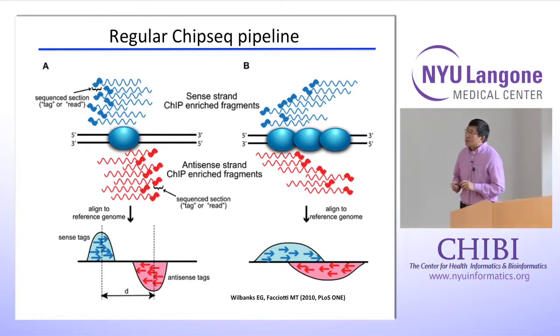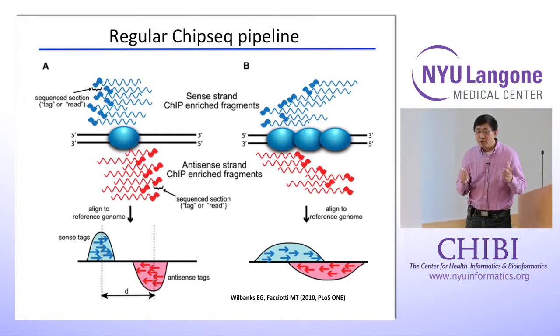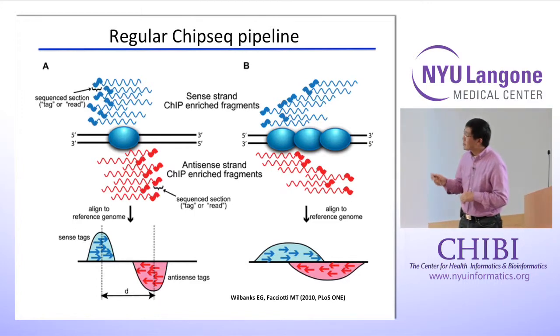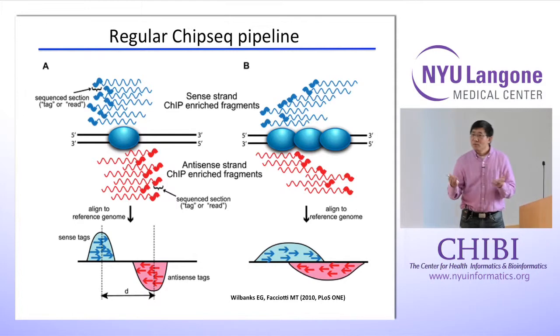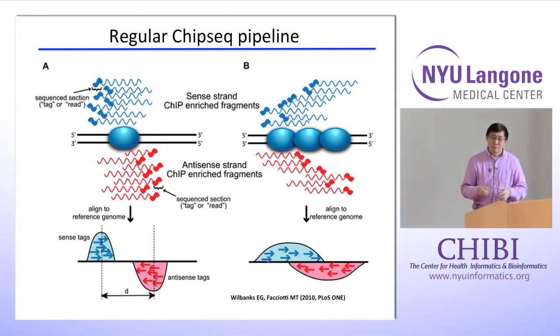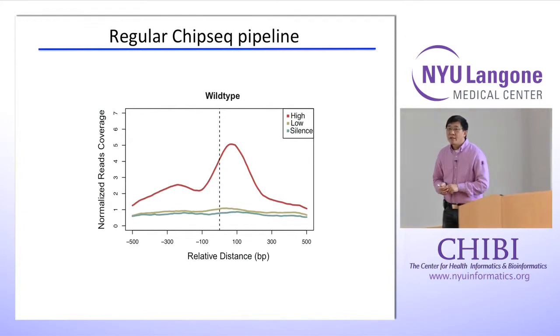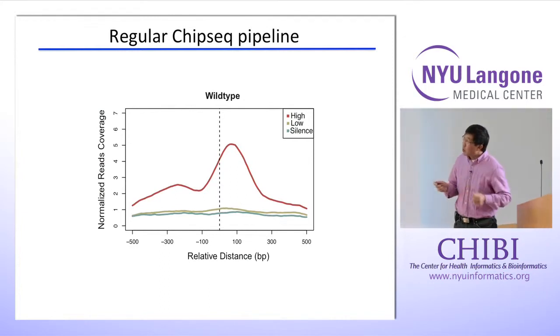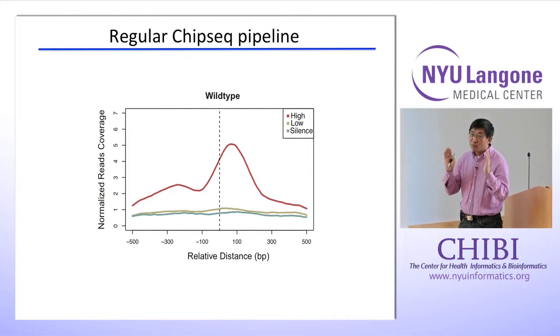So in this type of study, most of the time people will do ChIP-seq. This is a regular ChIP-seq pipeline. We are doing these things almost day-to-day at the Genome Technology Center. In the end, for regular ChIP-seq, we will end up with a fragment resolution type of peak.